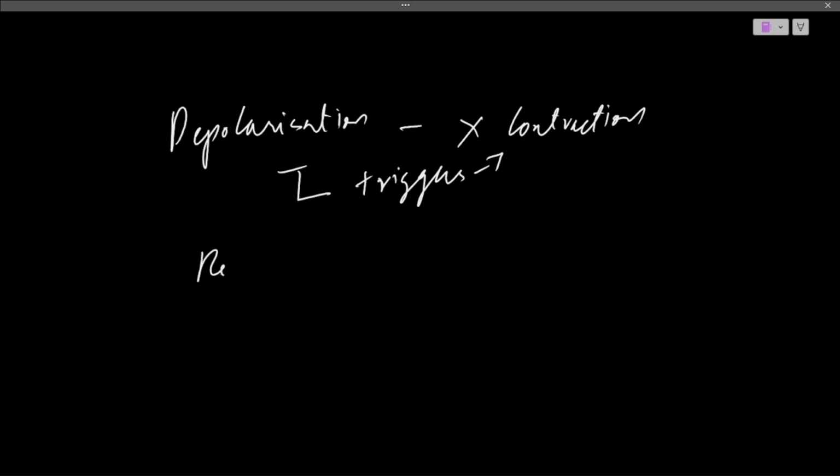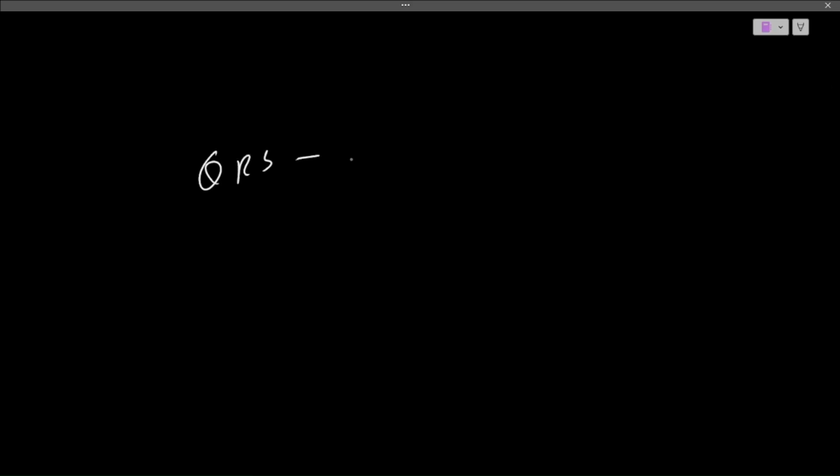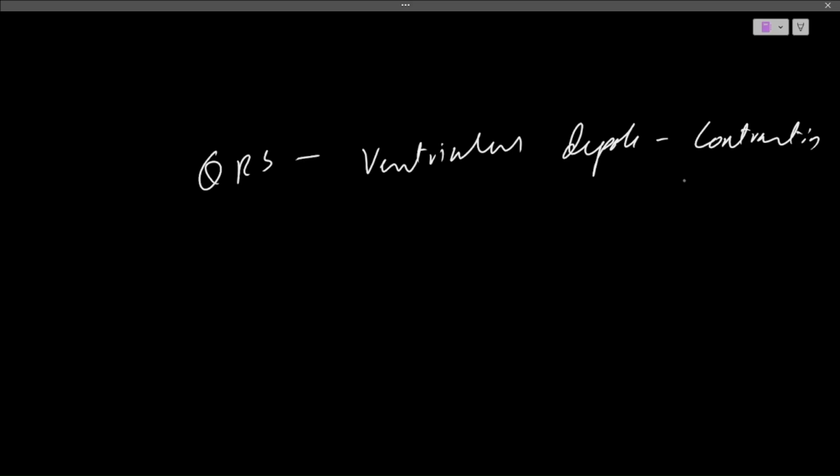Similarly, repolarization is something which causes the electrical signal to be sent for recovery. So when you think about QRS, you should not think that this is ventricular contraction, but rather that this is ventricular depolarization, which triggers the contraction in the ventricles.